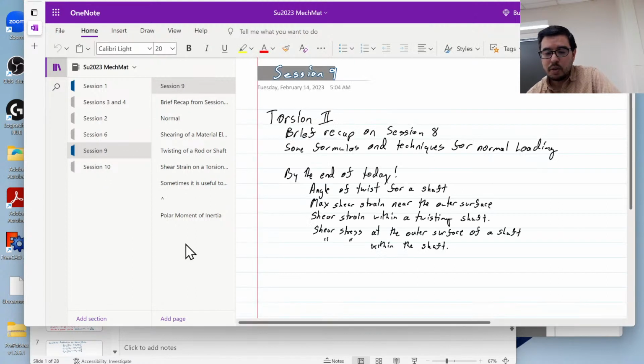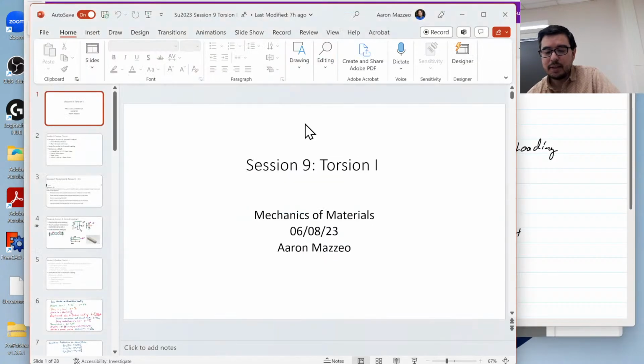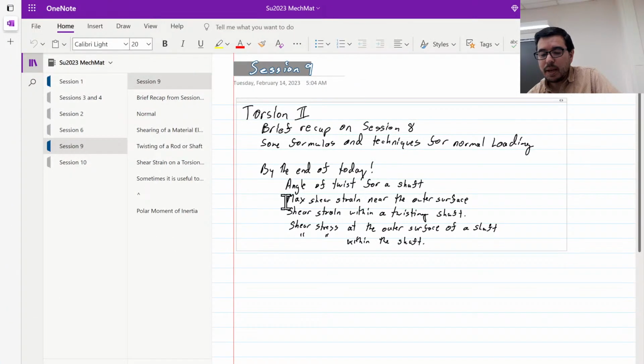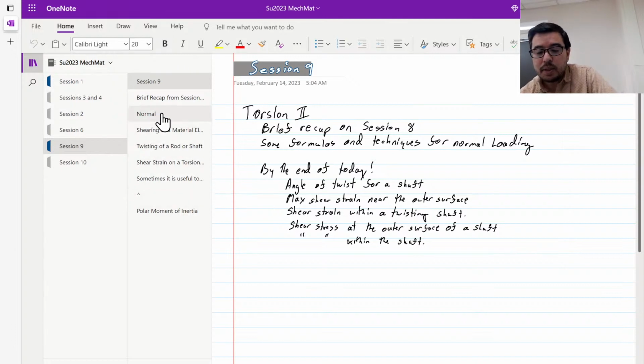Okay, so what are we covering in session 9, at least from a technical perspective? Session 9, in the original format, got to angle of twist, but that will come in session 10 actually. We will cover a bit about shear strain and a little bit about shear stress in a twisted bar.